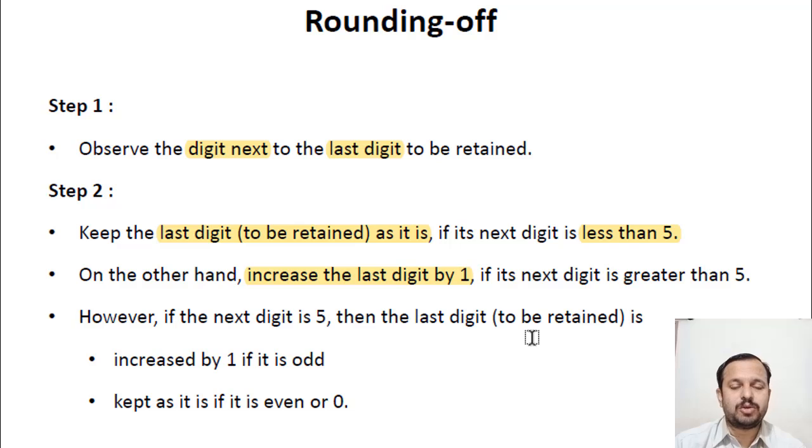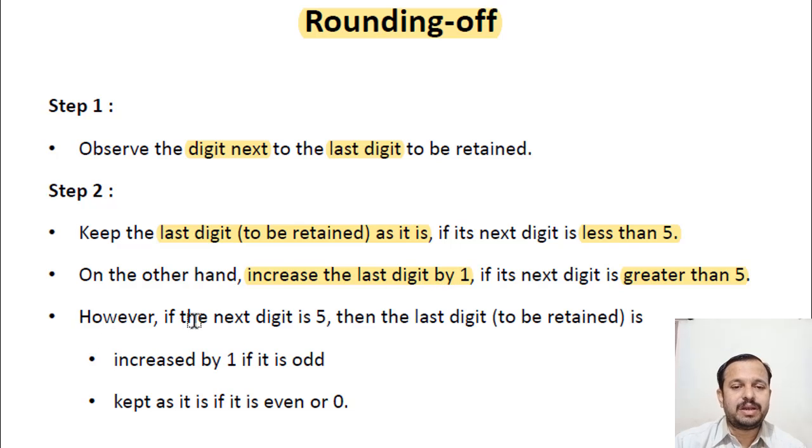This is the most important rule which we have to know during rounding of a given number. If the next digit is less than 5, we keep the last digit as it is. If the digit next to the digit to be retained is greater than 5, we increase that last digit by 1.